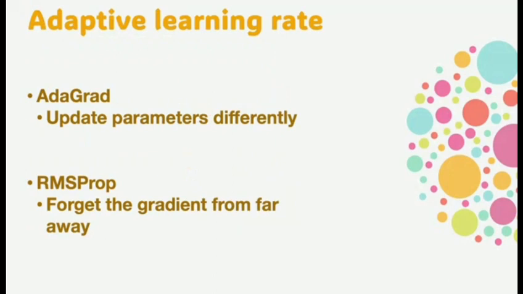Root mean square propagation improved this idea by using an exponentially weighted average. So the model will focus on the gradients near the current position and forget the gradients from far away.